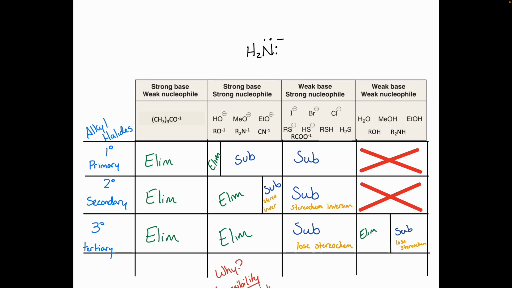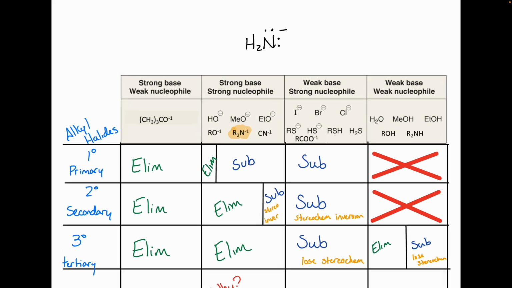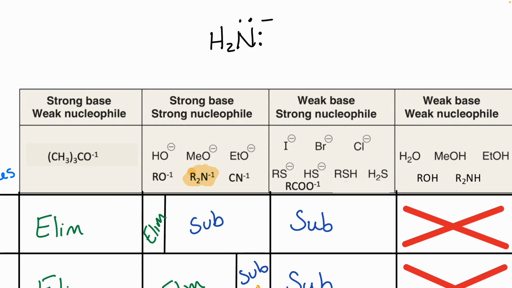What category does that belong in? Strong nucleophile, strong base. That is this thing right here. Remember, R's can be alkyl groups or just hydrogens, as is the case here. And importantly, that nitrogen has that negative charge.